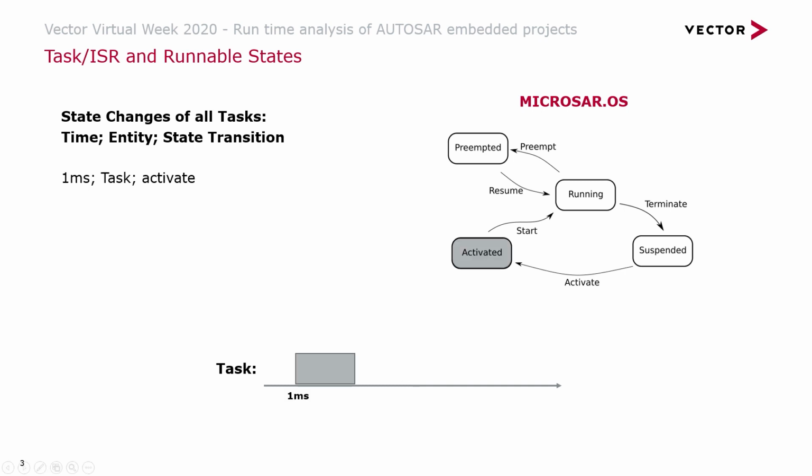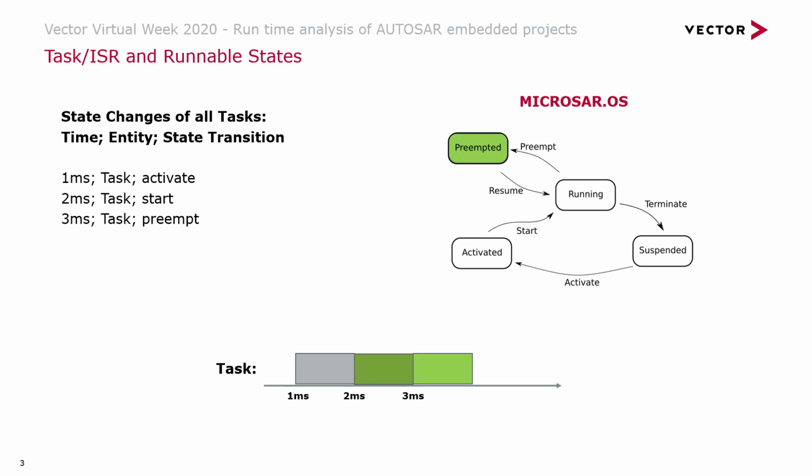So now we have a task which is activated at the time of 1 millisecond. This means it's activated, but it's not running on the core yet, because at present there's another task with a higher priority that is running on the same core. At the time of 2 milliseconds, the task is running, and therefore it changes the state into running.